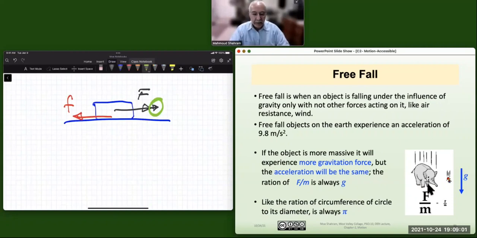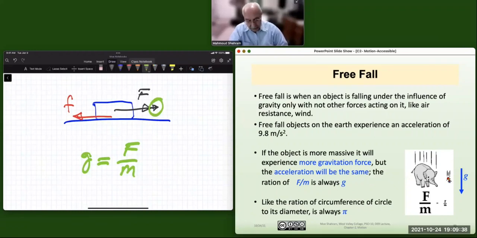The concept of gravity, or acceleration due to gravity, as we said, is not going to discriminate against one object or another, because the ratio of the force to the mass is always constant, and that's g. g is equal to F over m, just like the ratio of the circumference of a circle to its diameter.